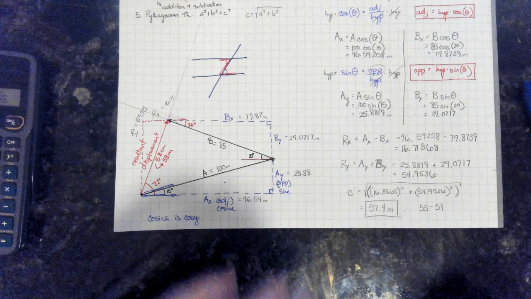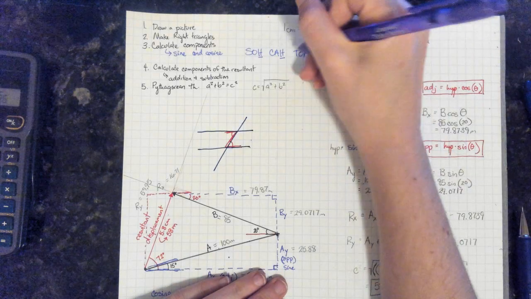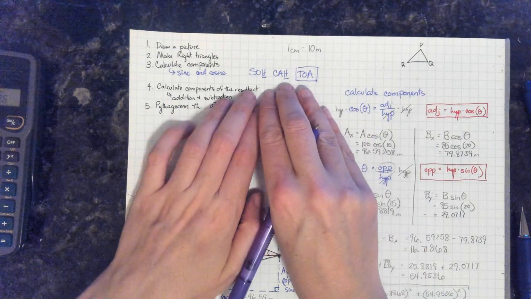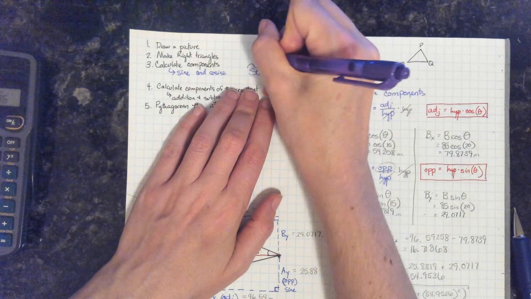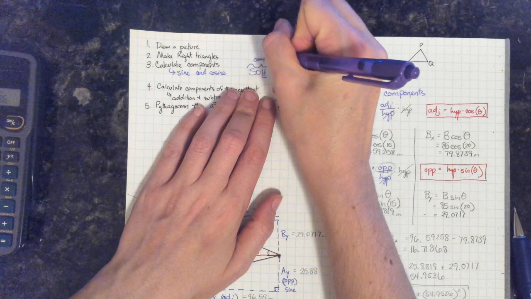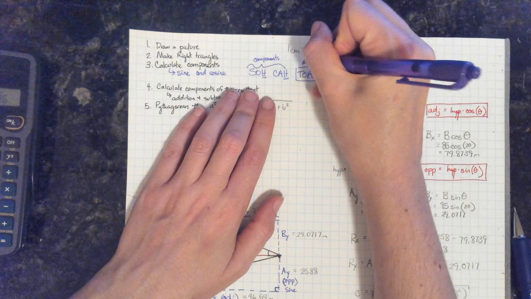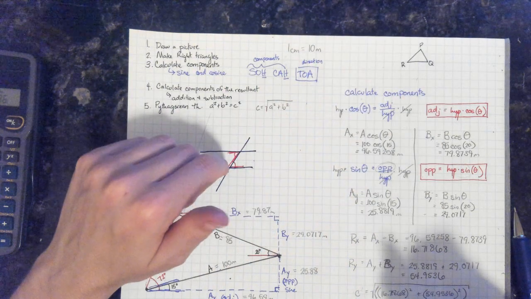Now we have to solve for the direction calculated. Usually the way I do it with my students is sine and cosine are for finding components, and then tangent is for finding the direction. You don't have to.